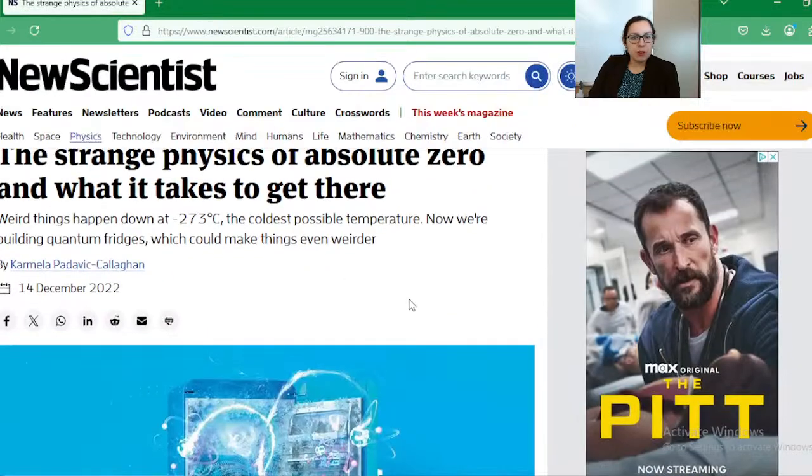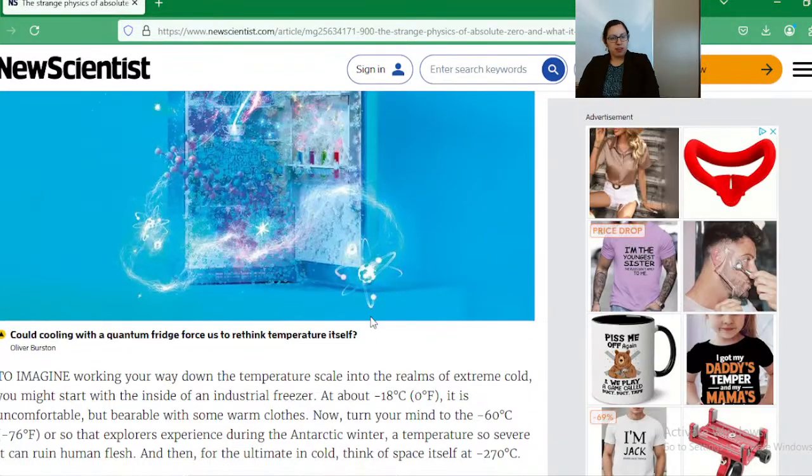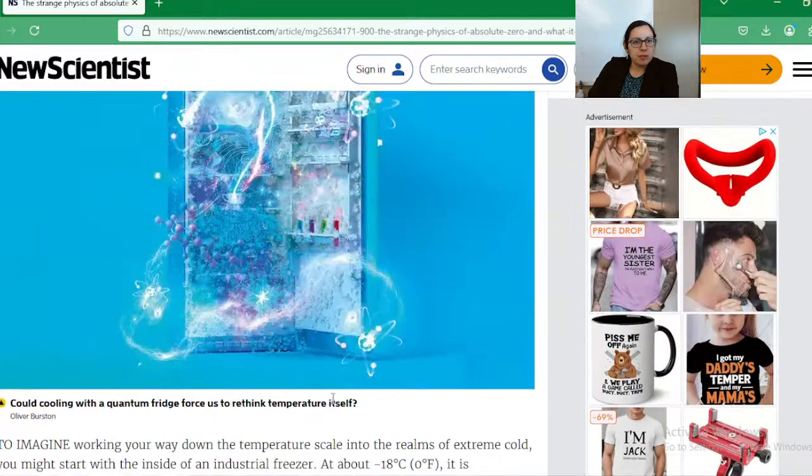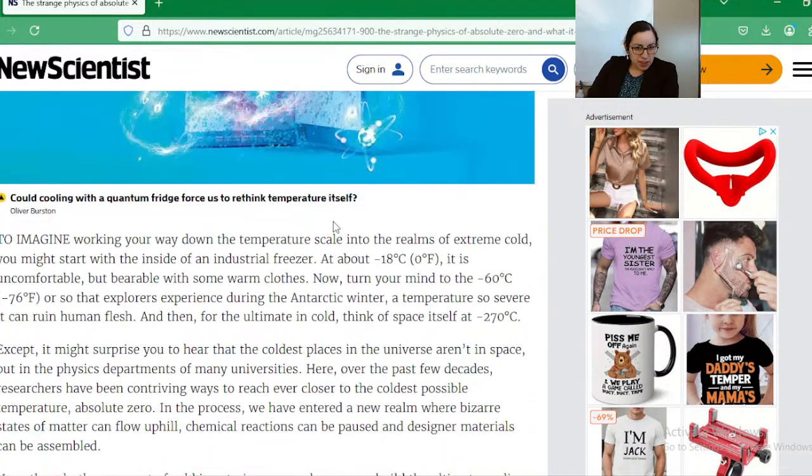I was trying to find some good articles on that just because it's pretty interesting how they get down there. Basically, they have to thermally isolate the system, which is pretty difficult.